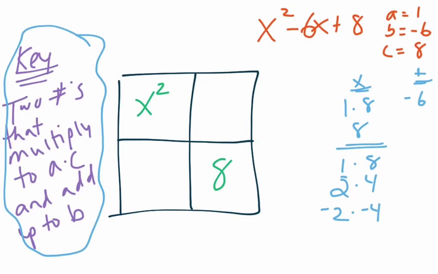You have to know whether it's positive or negative, have to be paying attention to it. So negative times a negative will give you a +8. -2 plus -4 will give you the -6. So we have found our number combination. Sometimes people will call that the key number combination. If you were in an Algebra 1 class that did diamond problems, that was essentially the essence of diamond problems.